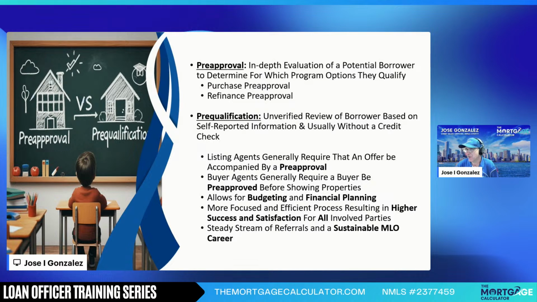That's another key component there, unverified review, self reported borrower information, and usually without a credit check. At most, what may happen from a pre qualification is maybe the MLO does a soft pull, right, to not affect the borrower's credit score until the borrower really decides what they want to do.